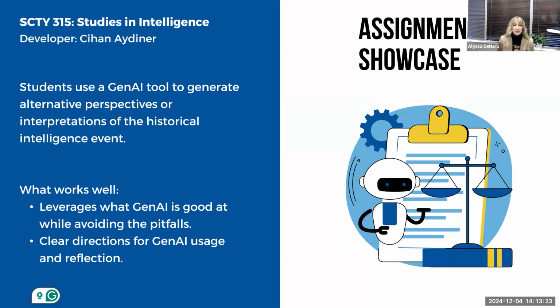So by using generative AI for brainstorming, thinking of alternative outcomes, alternative perspectives, it's leveraging generative AI's ability to be creative and be really good at ideation and helping us think more broadly about some topic that we're considering. And so by using it this way, we're also avoiding the major pitfalls of using generative AI in education. And the major one is the hallucinations.